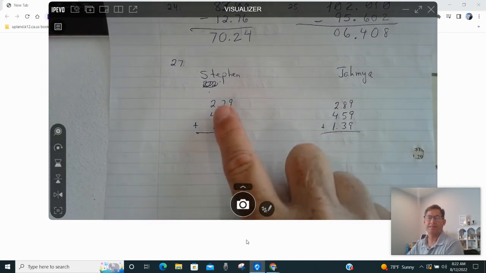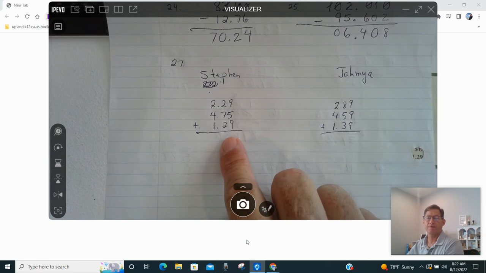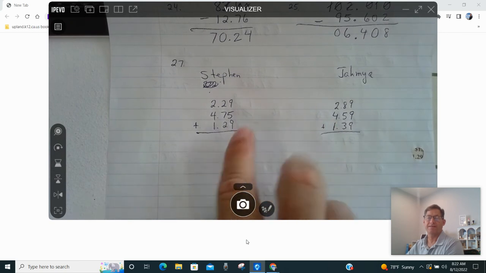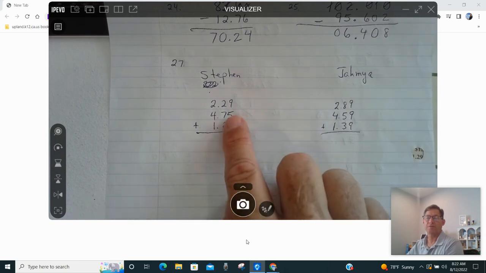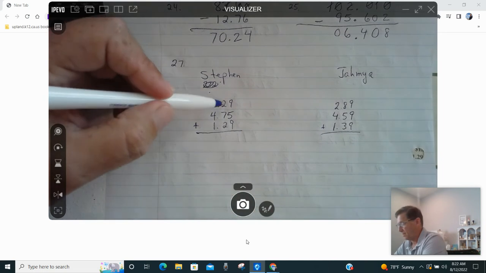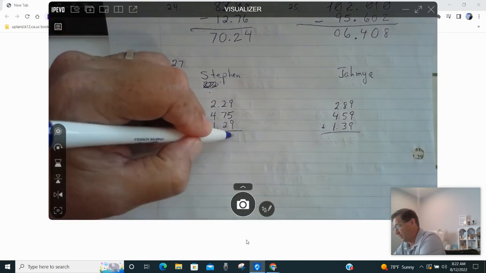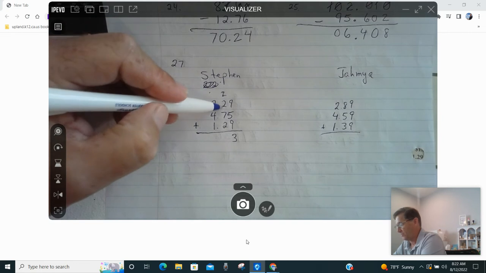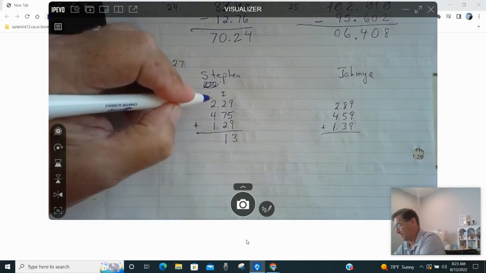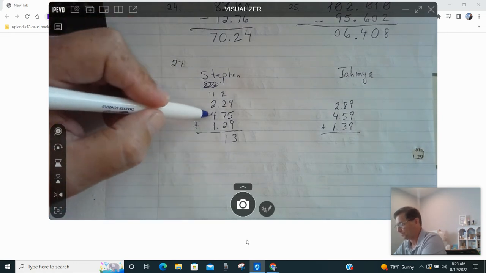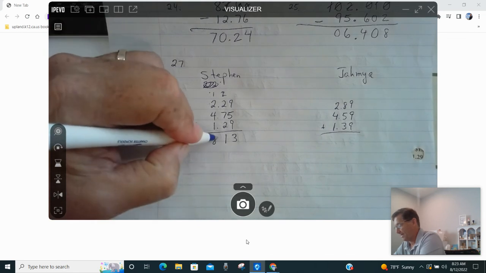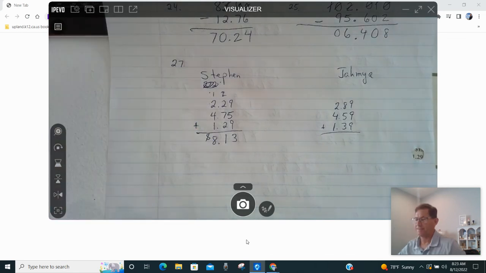Okay, we've lined up the decimal point in both sets, and we need to see whose lunch costs more. So 9 and 9, 18, 23. 2, 4, 6, and 7 more is 13. 4, 6, 7, 8. So $8.13.